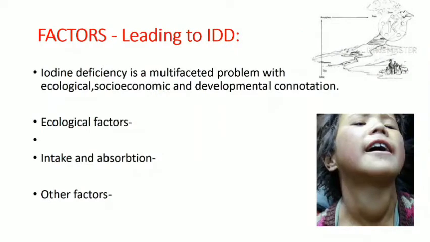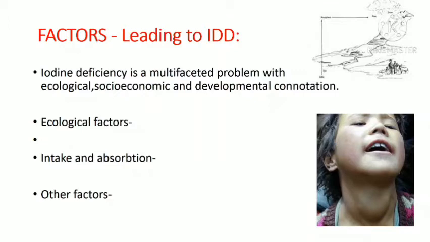Before knowing about the factors that lead to iodine deficiency disorder, my dear students, I want you to know about the problem statement across the globe. Iodine deficiency poses a major global threat to health and development because it's the most common cause of preventable mental impairment worldwide.